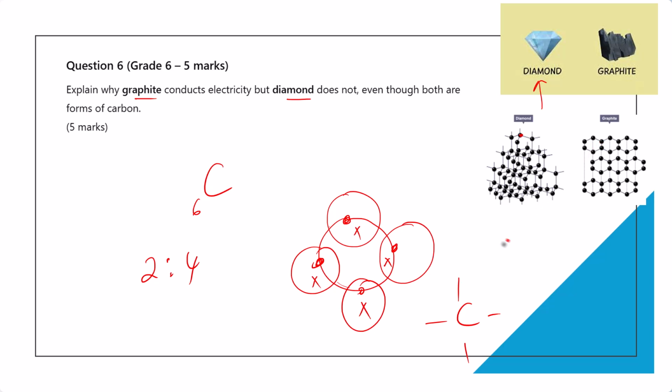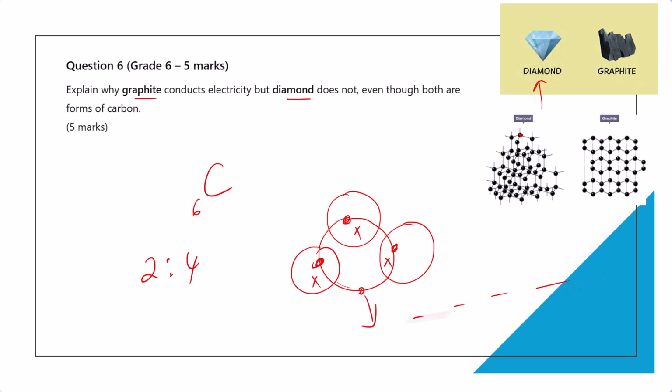However, in graphite, the business is different. One carbon atom bonds with just 3. So then there's a problem now. This electron has no one to pair up with, so it tends to be delocalized. It can come up and move freely.